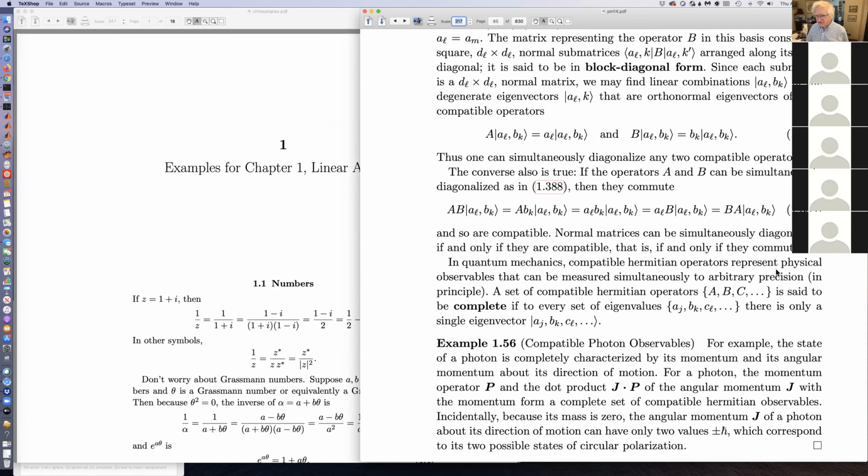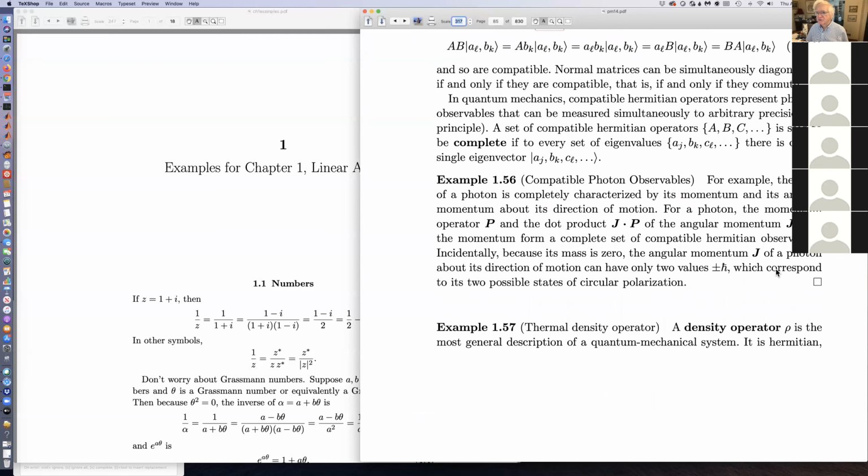In quantum mechanics, compatible Hermitian operators represent physical observables that can be measured simultaneously to arbitrary precision in principle. And a set of compatible Hermitian operators is said to be complete if to every set of eigenvalues there's a unique eigenvector. There's only one eigenvector.